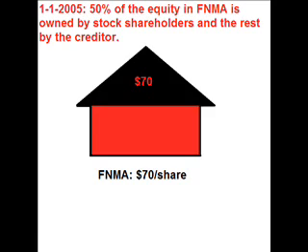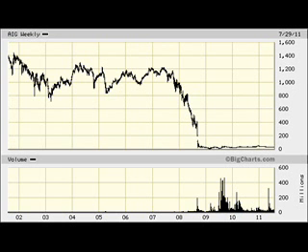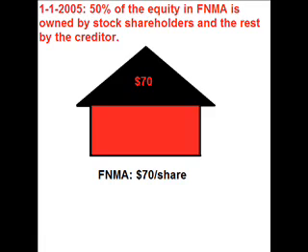So they owed a lot of money, and they had all these mortgages. People were paying them mortgages, and every month they got a lot of money coming in. Kind of reminds me of insurance companies, but that's a different issue. So they owe a lot of money out, and they got some money coming in. So $70 per share, that's what it's worth to own a share of Fannie Mae in 2005. Let's say 50% of the value of Fannie Mae is owned by those stock shareholders, that's $70, and the rest is owned by the creditor. Let's say that's just how it works out.